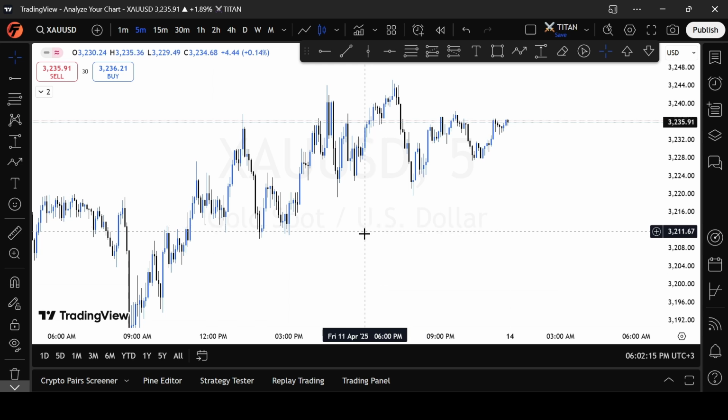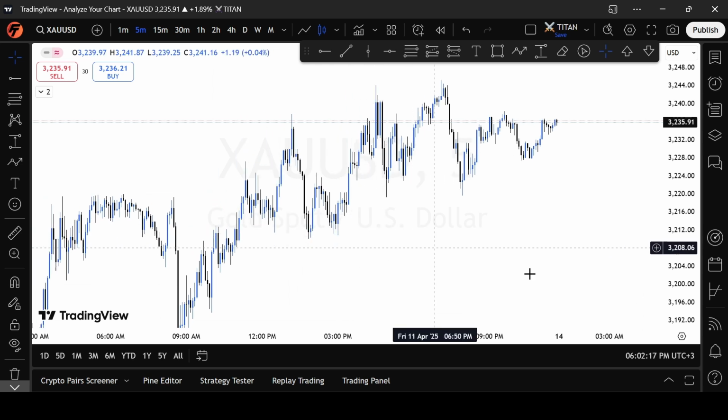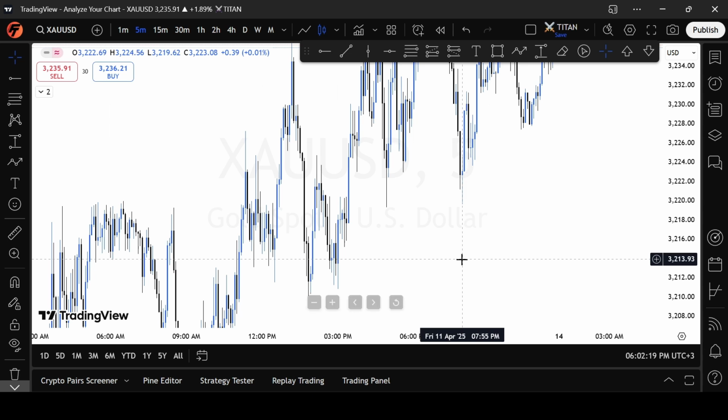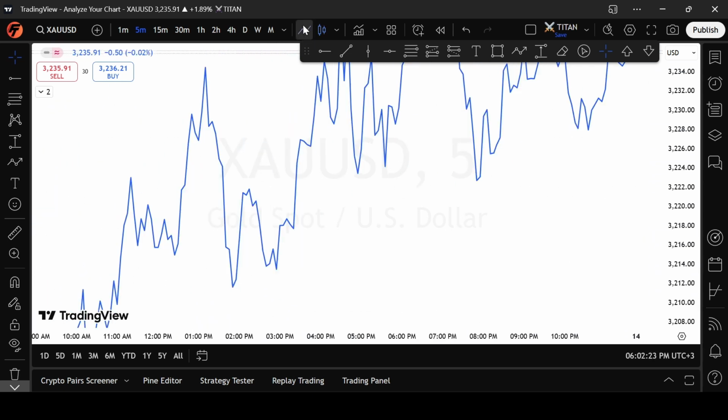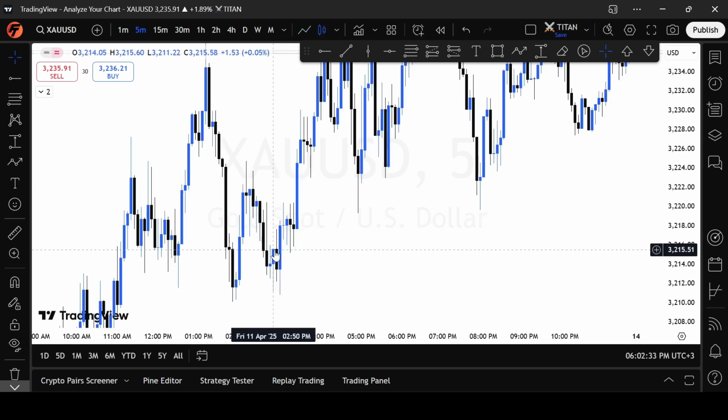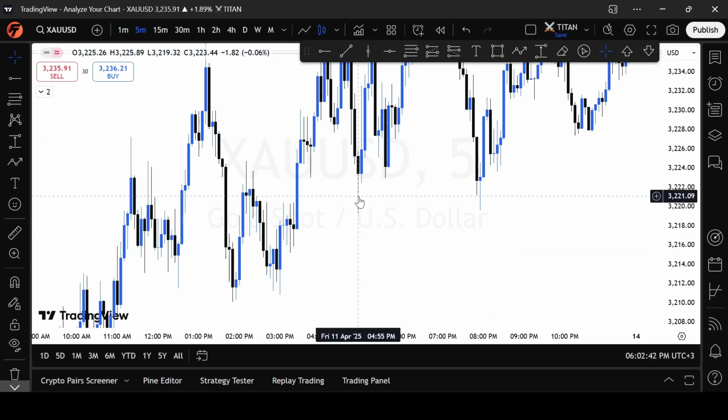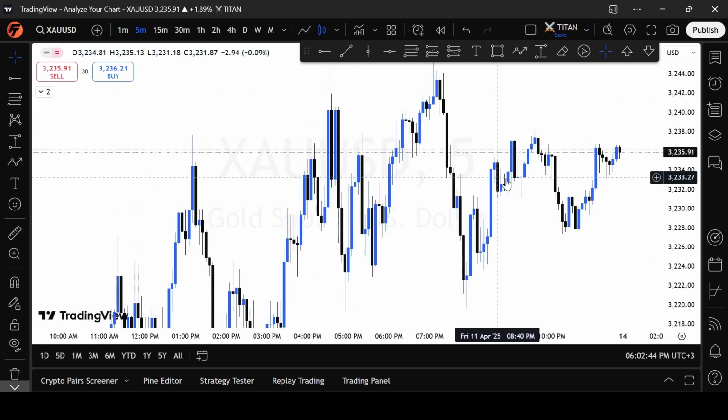An example of a flip level is here, as you can see, price failed to continue the breakdown. After that, price came and retraced and tapped in that level right there.